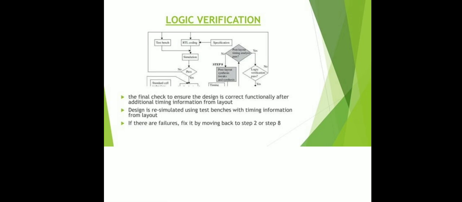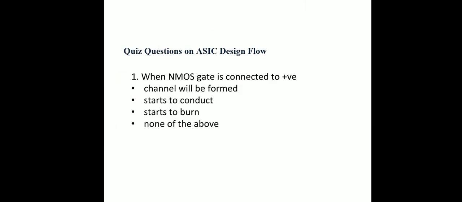In logic verification, the final check is made that the design is functionally correct after the additional timing, and it is re-simulated using the test benches. If there are any failures, it moves back step by step. And tape out: when the design passes the logical verification, it is ready for fabrication, and it is in the form of a GDSII file which is accepted by the foundry.